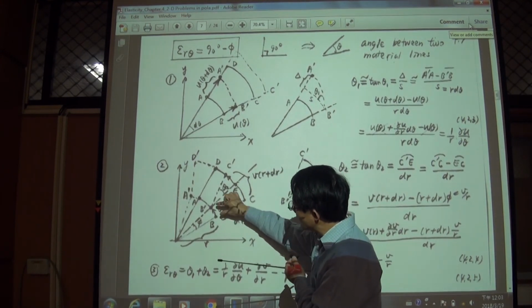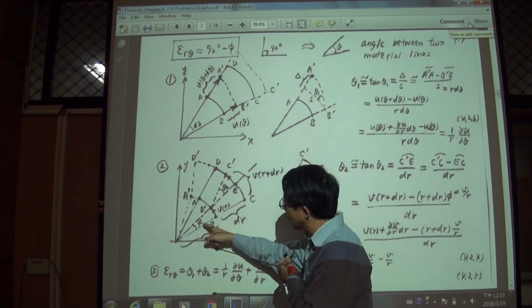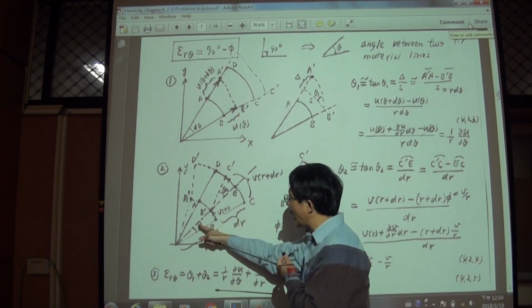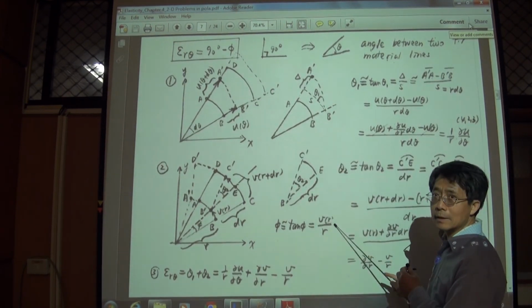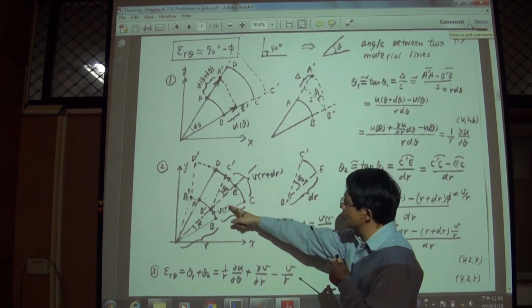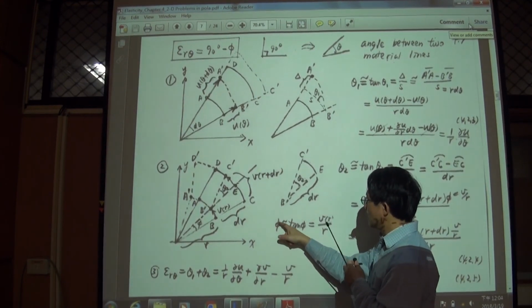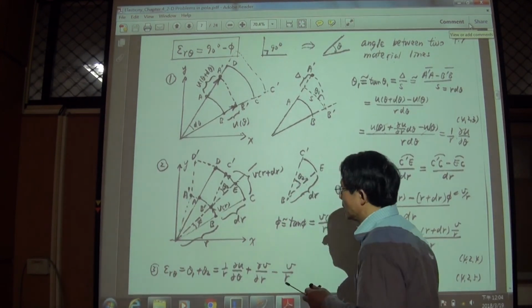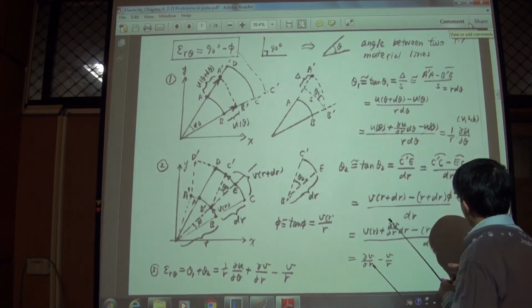So this length is VR, and this length equals phi times R. Phi times R equals VR, so phi equals VR divided by R. This is the relation we want. Once again, we move this one to here: phi times R equals VR. So this phi angle can be replaced by VR over R.